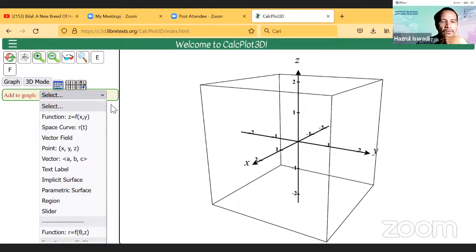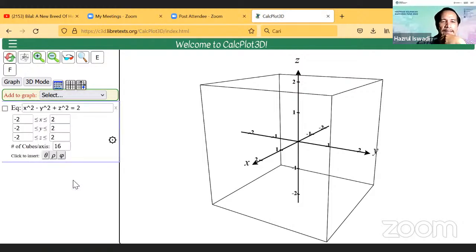We will draw a surface, so you can go to implicit surface and click it. You will have a default equation, and then you can change the equation as you want to draw.